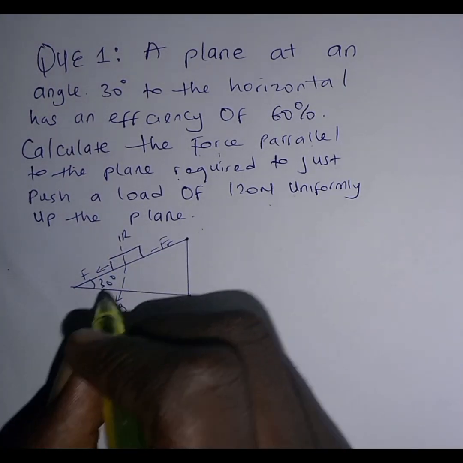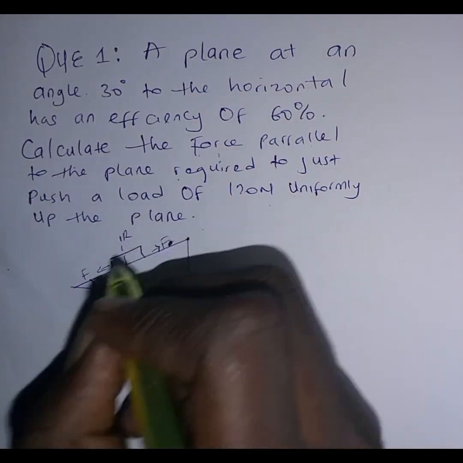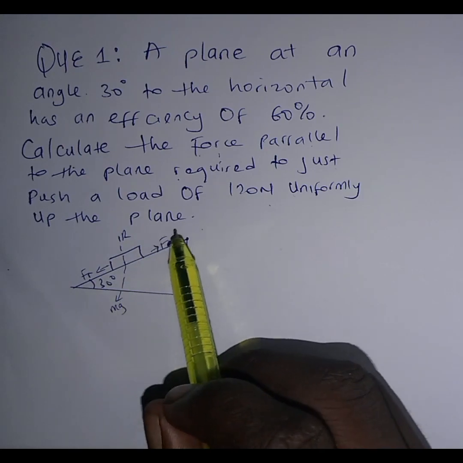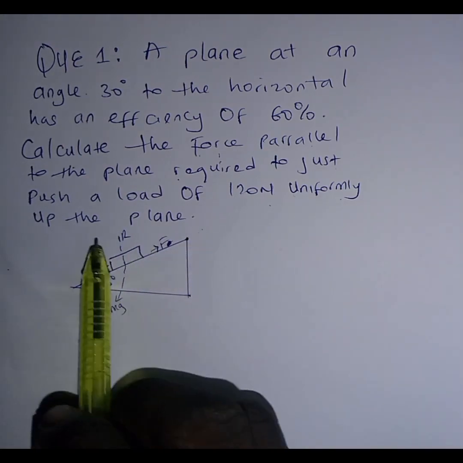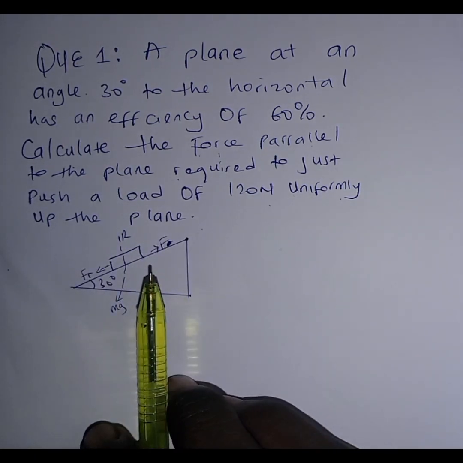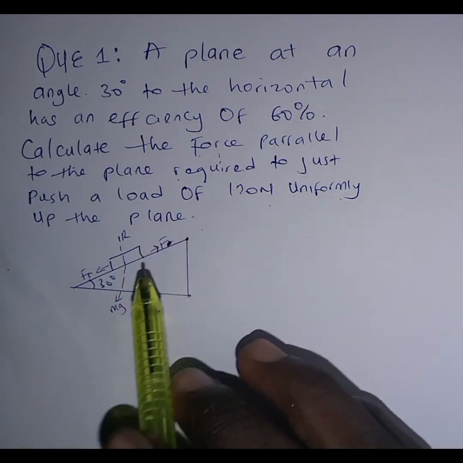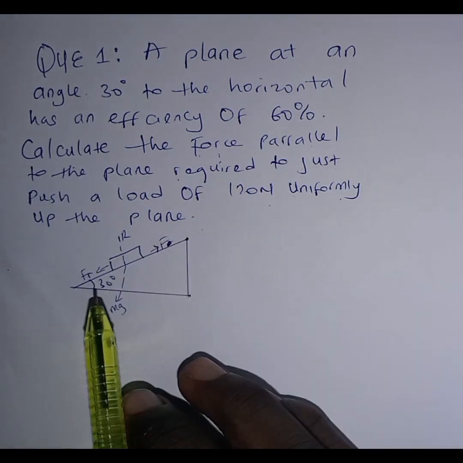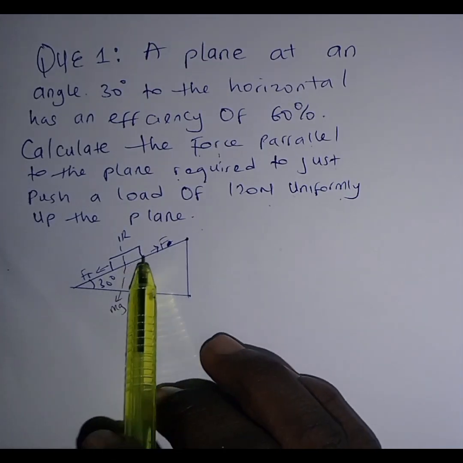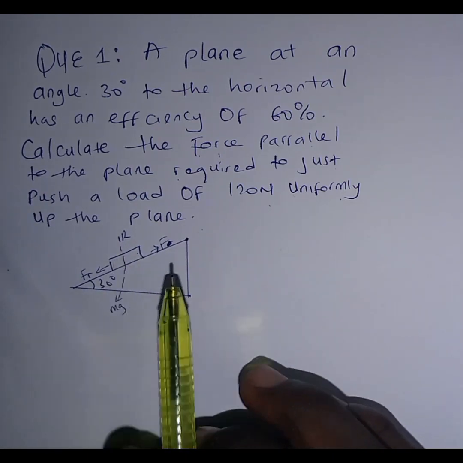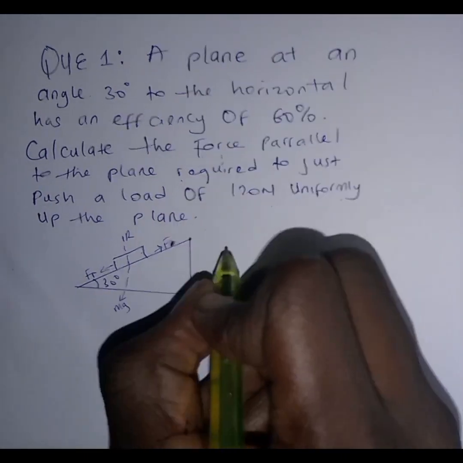So we are asked to calculate the force that will push the load uniformly up the plane. Since the load is in motion, and the force we want to calculate on this inclined plane is the force that will keep the load in motion, which is our F net.